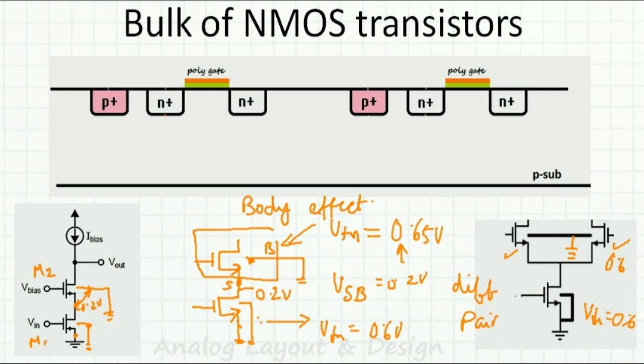They will have around 0.65 volt. Here I cannot connect this locally, as I showed you with M1 and M2. Whenever transistors are connected, if any one of the bulks is connected to ground, all the bulks of NMOS transistors are connected to ground.